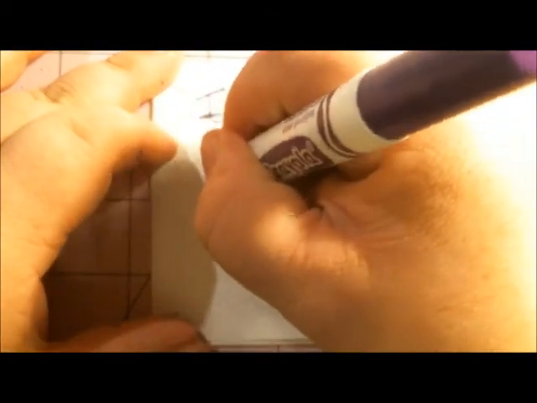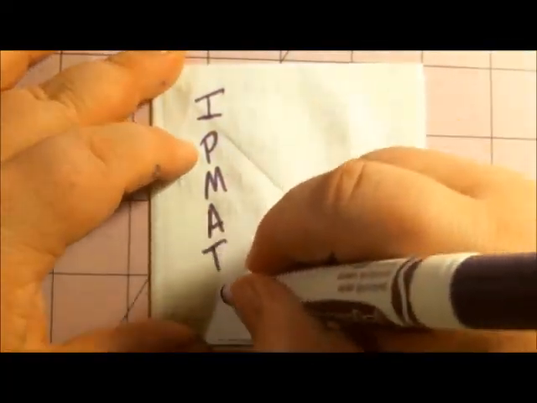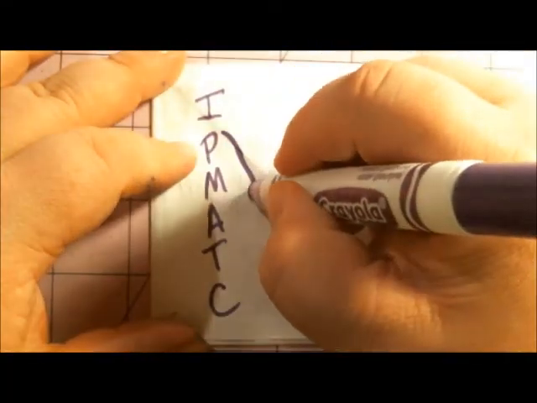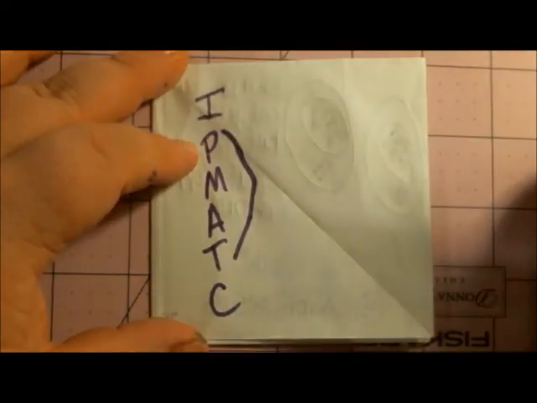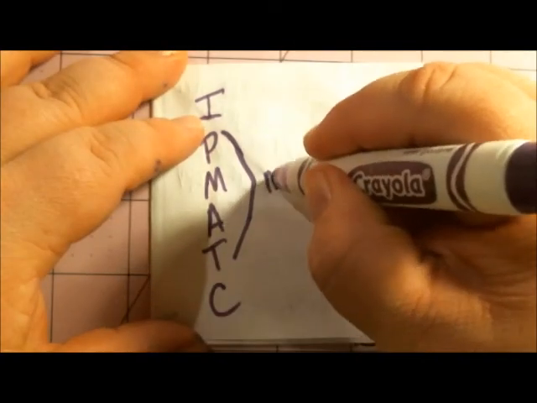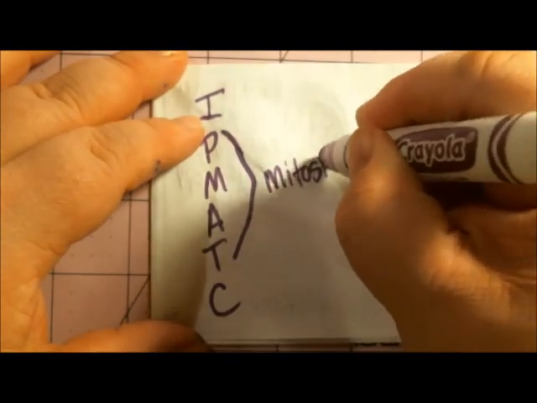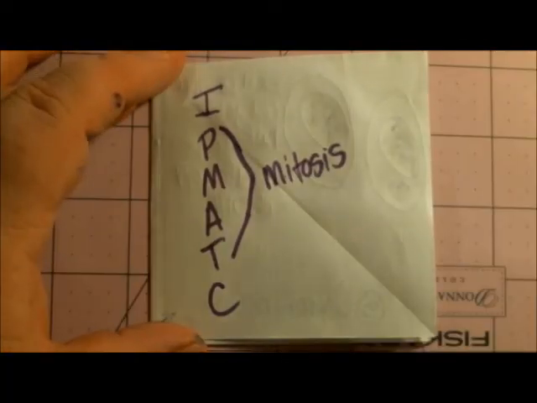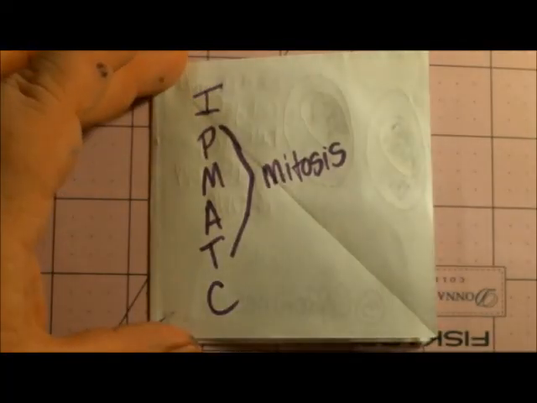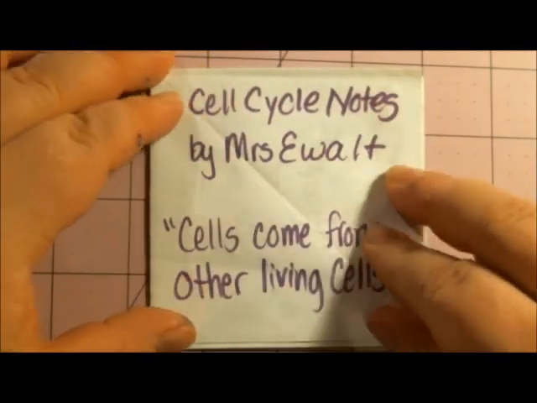I P mat C. So not I C mat P, but I P mat C. And P mat is mitosis. And that's how we go from one cell to two identical daughter cells.